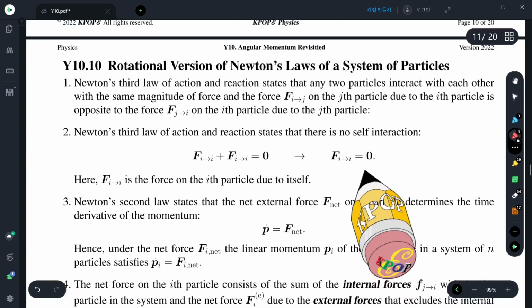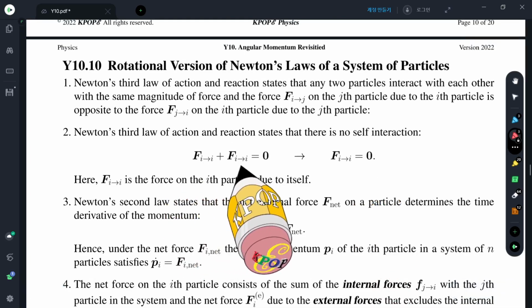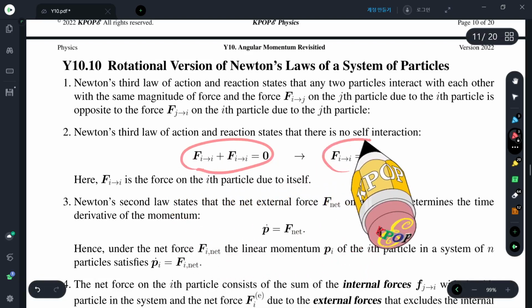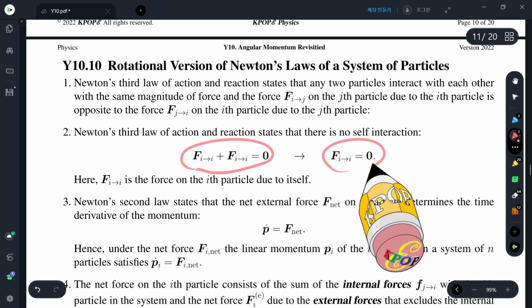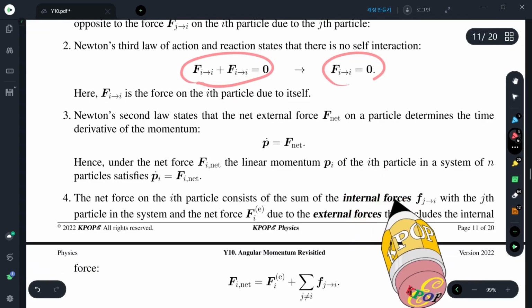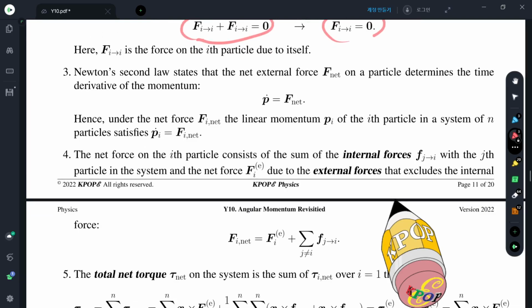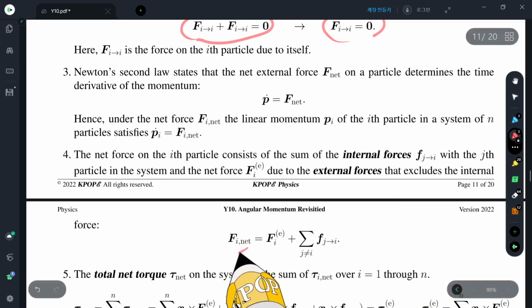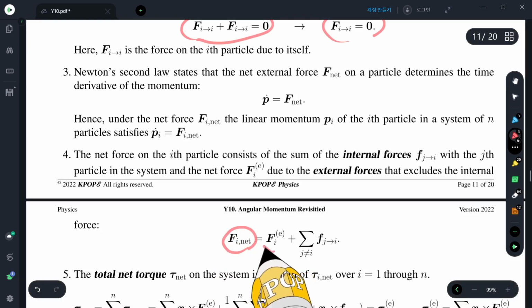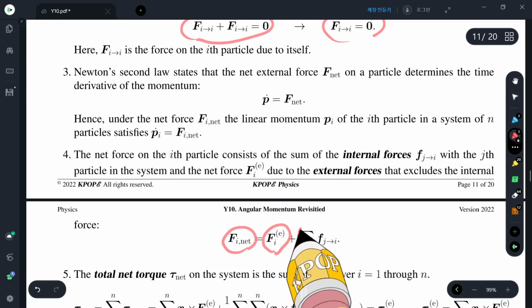Rotational version of Newton's laws of system of particles. We recall that self-interaction does not exist because of Newton's third law of action and reaction. So if we consider the net force on a single particle in a system, the net force consists of the sum of two.